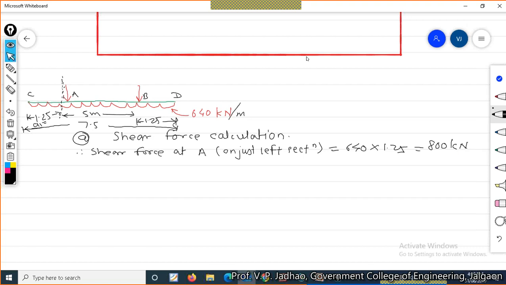Now shear force at A, but we are taking the section just on the right hand side, or right section. Now we are considering the section is here only.